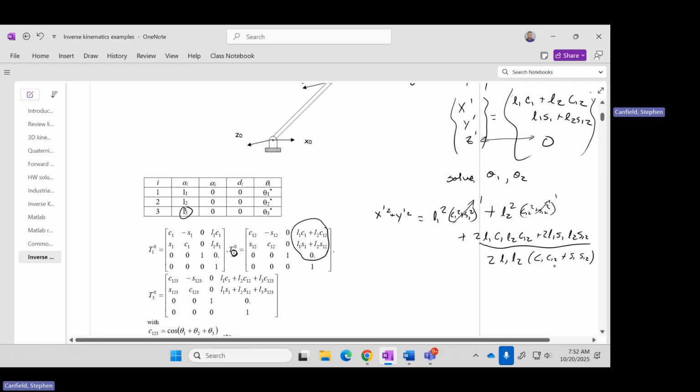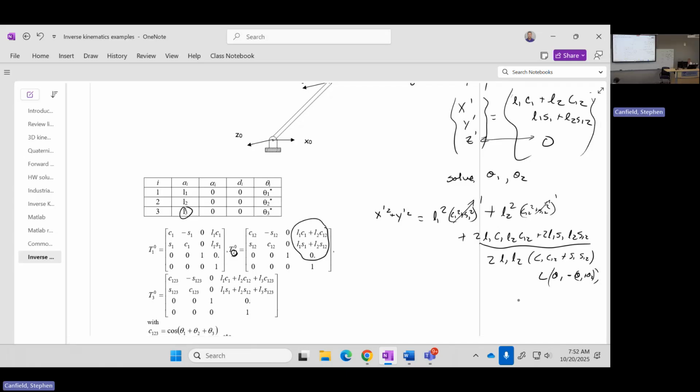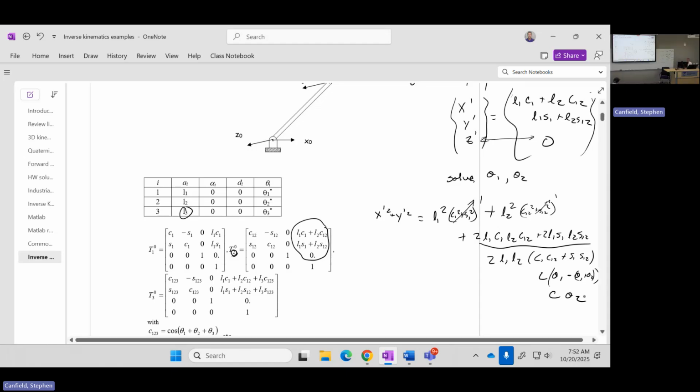I can see that this becomes cosine of theta 1 minus theta 1 plus theta 2, which gives me cosine of minus theta 2. Cosine of minus theta 2 is cosine theta 2. So I did the angle addition identity, I substitute everything, and I get this.